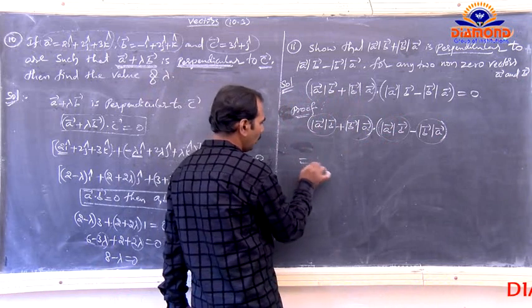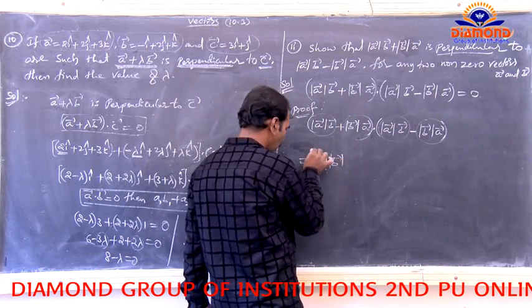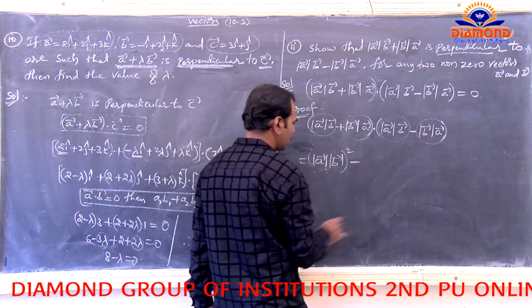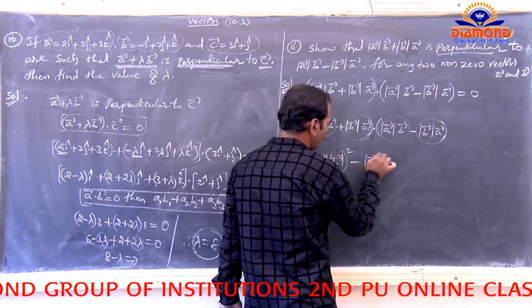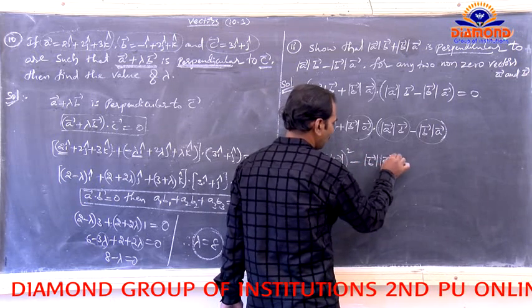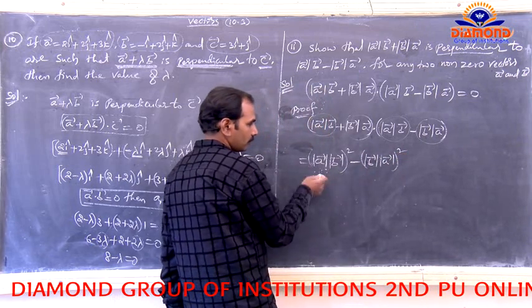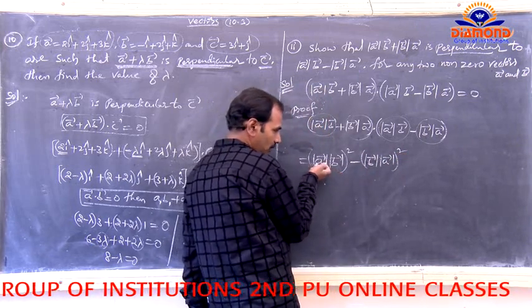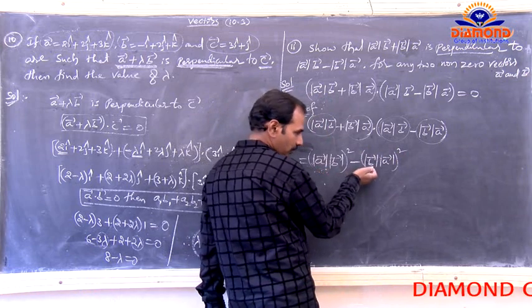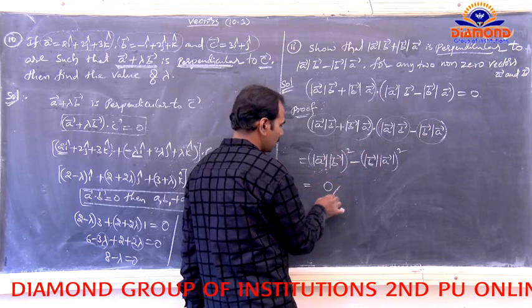So you know already modulus of A modulus of B whole square minus again modulus of B modulus of A whole square. Modulus of A modulus of B or modulus of B modulus of A, both are the same, meaning these both are cancelled, you get the answer 0.